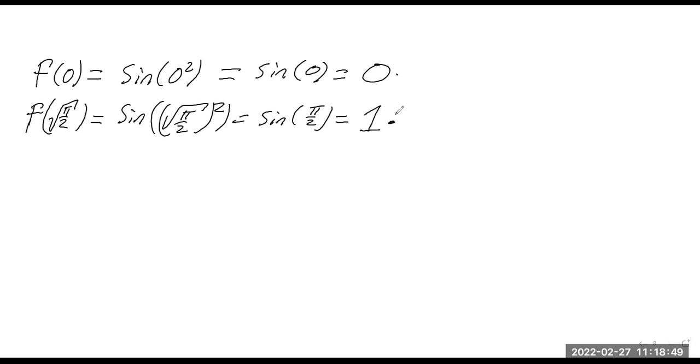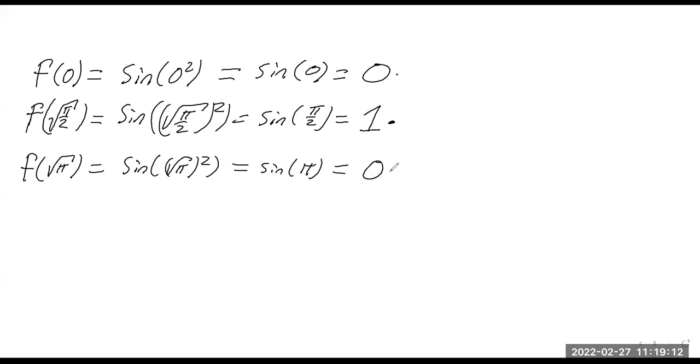For those of you who are unfamiliar with your unit circle, sine of pi over 2 is 1. And now, last but not least, I plug in my other endpoint of the interval. So that's sine of the square root of pi squared. That's just sine at pi, which by our unit circle is 0.